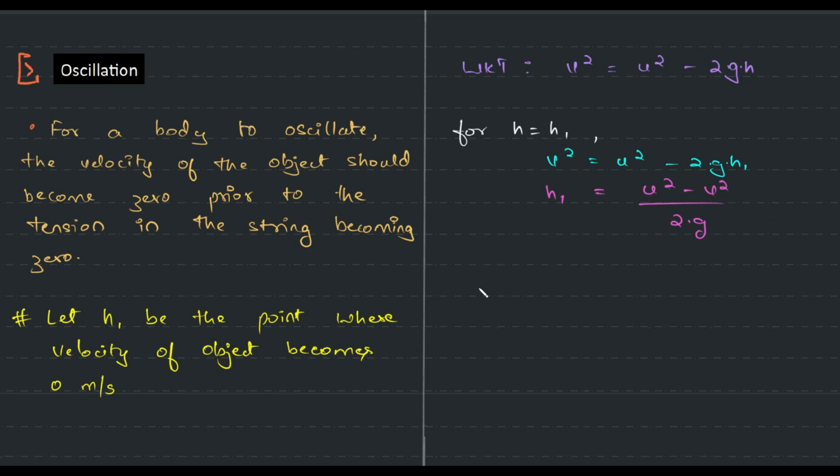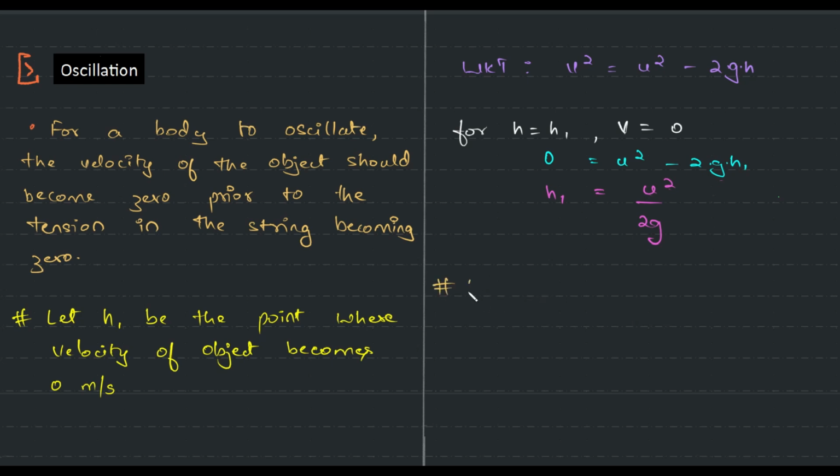Let me rewrite this way. Sorry, I confused you guys. V will be equal to 0, right? So if I do that, this is 0 and you have u square by 2g. Okay, so this is the case.